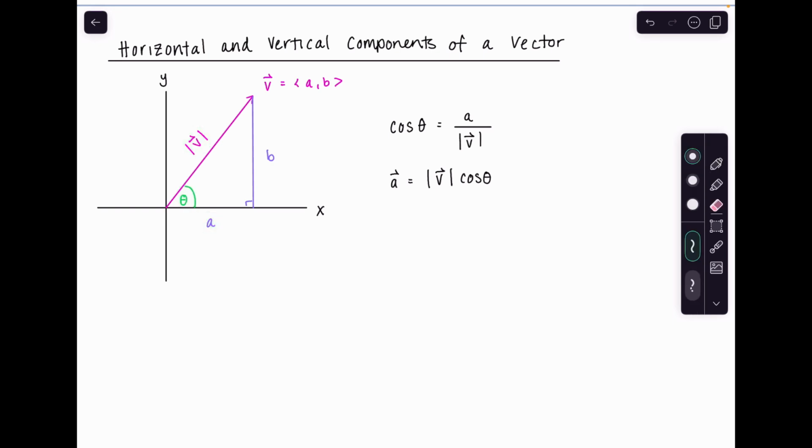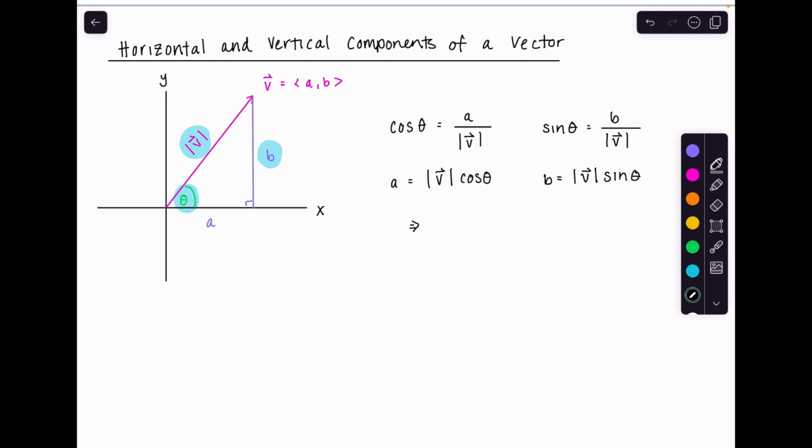And then in the same manner, if I take sine of this angle, that's opposite over hypotenuse. So sine of the angle this vector makes is the component b over the hypotenuse, which is the length. So really, my component b, is the magnitude of v times sine of theta.